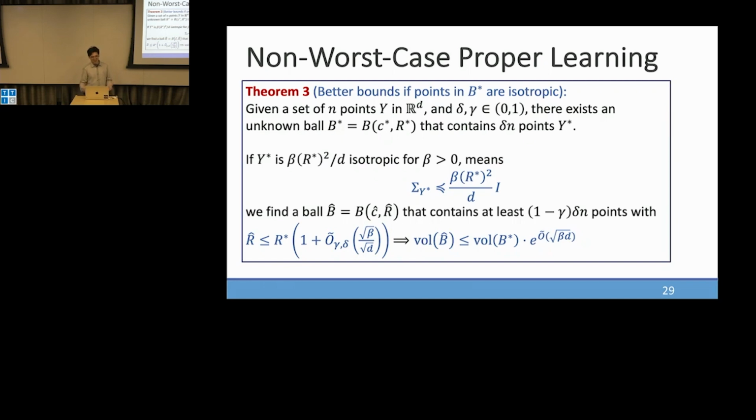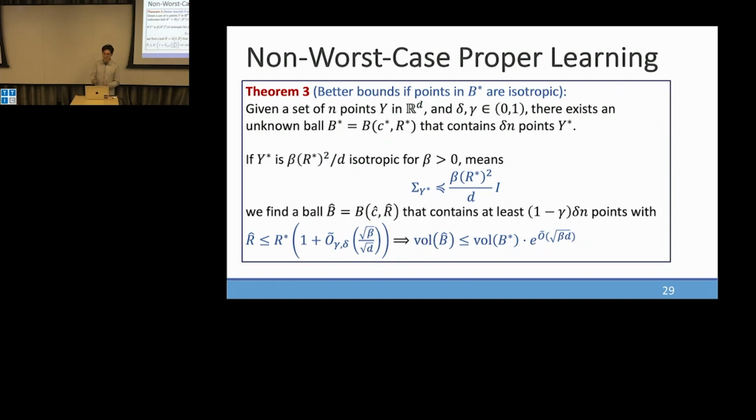Then a natural question is what we can do if the instance is not the worst case, like in this low-dimensional space. So we show that if the points in the optimal ball are actually isotropic, then we can get better bounds in the volume approximation.